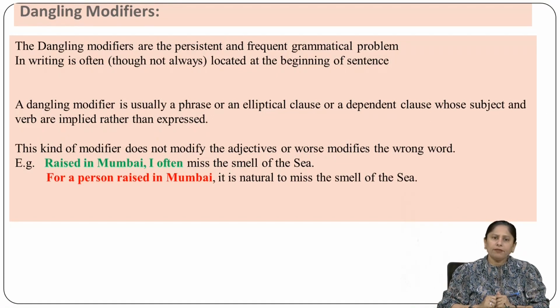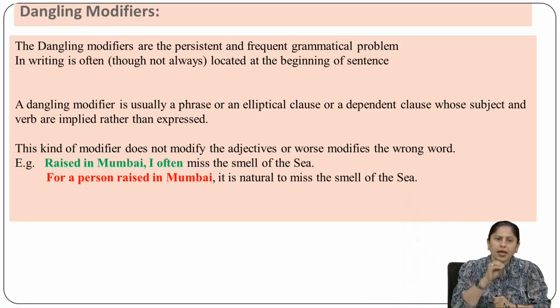A dangling modifier is a phrase or elliptical clause or dependent clause, as we learnt, where the subject and verb are implied rather than expressed. The subject and verb are implied in the sentence, not expressed.